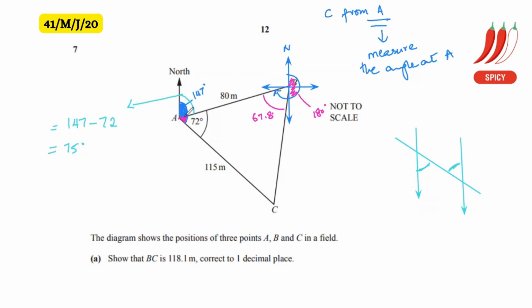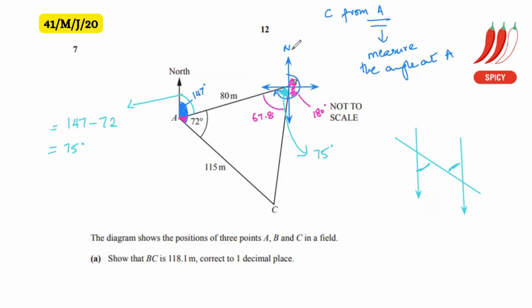The two norths, at point A and point B, are also parallel. And the line connecting A and B is the transversal passing through those two parallel lines, which means the angle at the top of this line, which is 75 over here, is the same as the angle at the bottom of this line. This one is also 75.